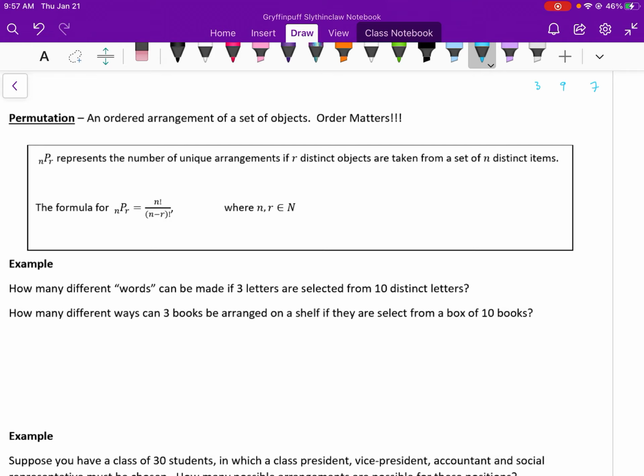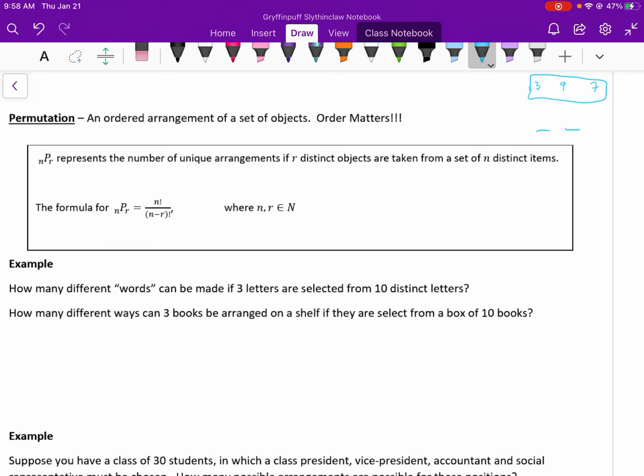A permutation is an ordered arrangement of a set of objects. So, order matters. Just a little talk about what a permutation is.